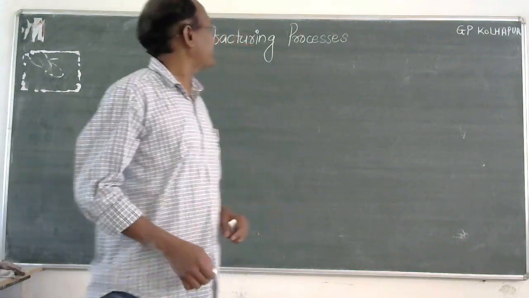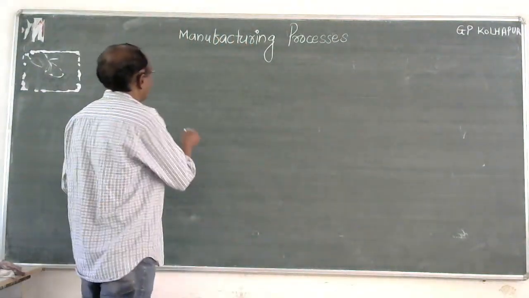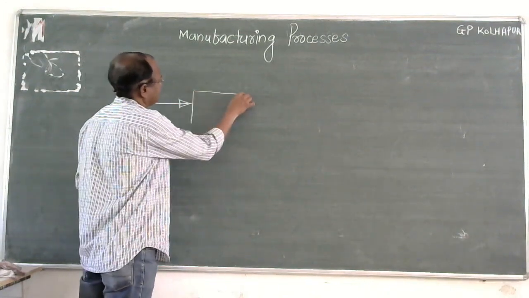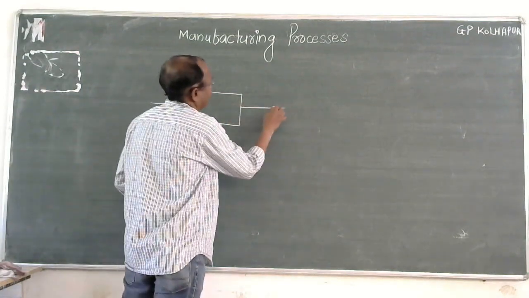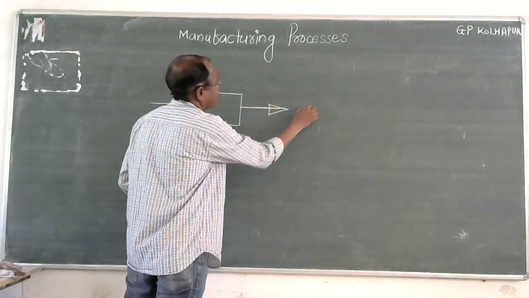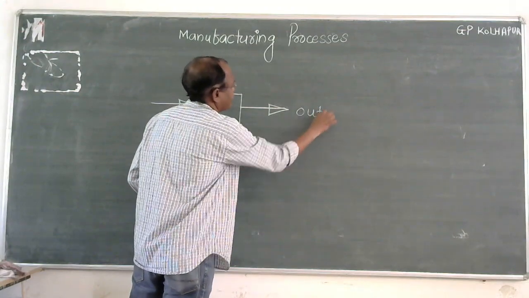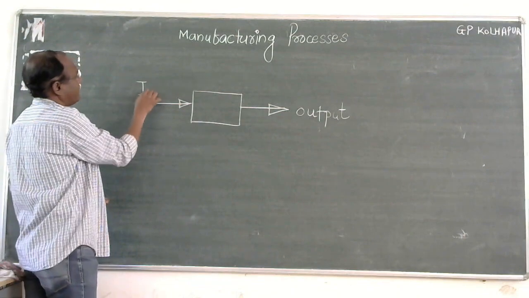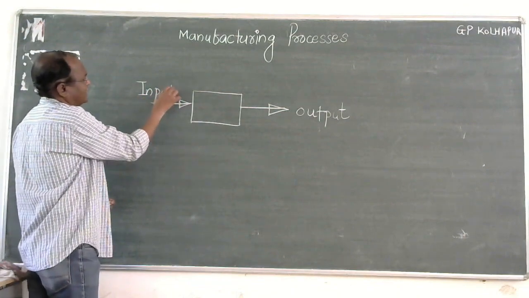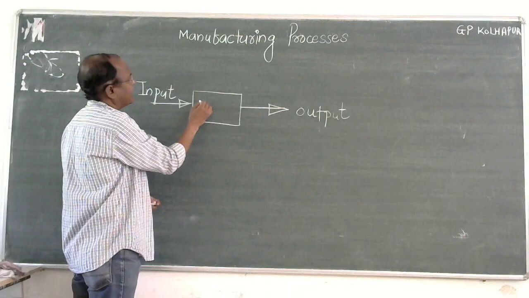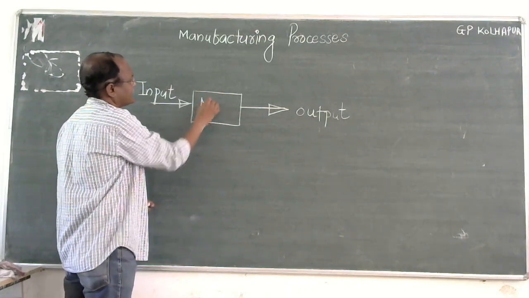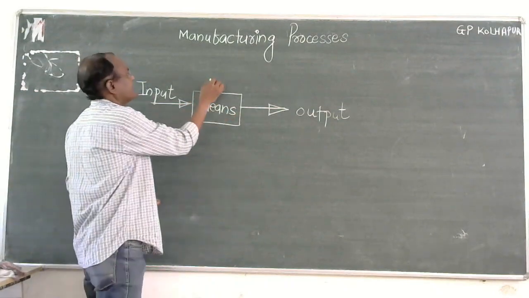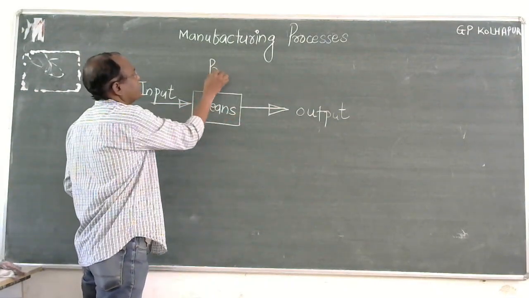In manufacturing processes, I can explain with the help of this diagram. Draw this diagram. This is the output, this is the input, and this is some media, some means required, that is processes. These are the various processes.